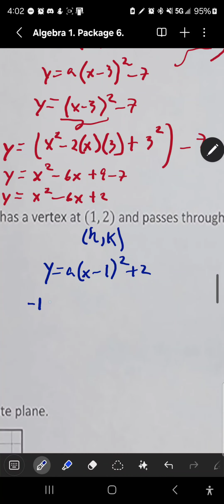I have that negative 1 equals a(0 minus 1) squared plus 1.